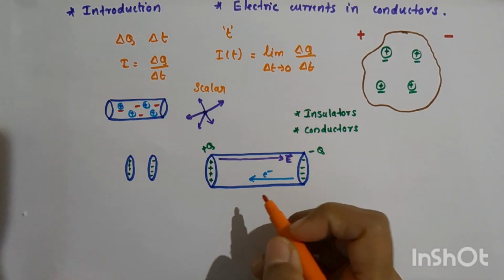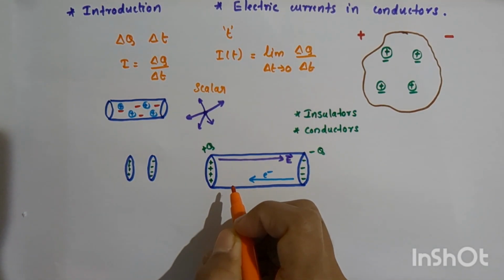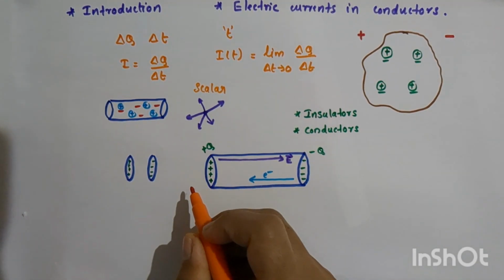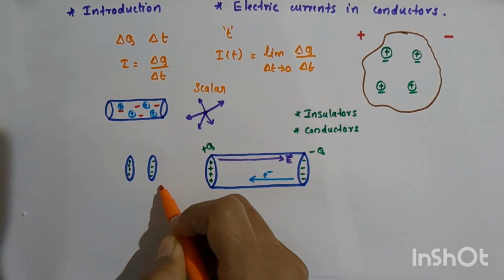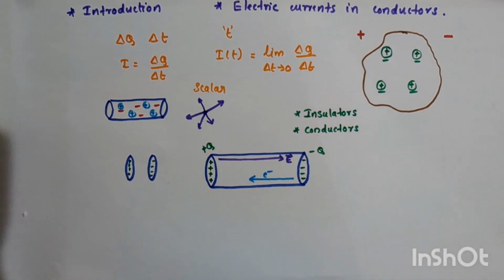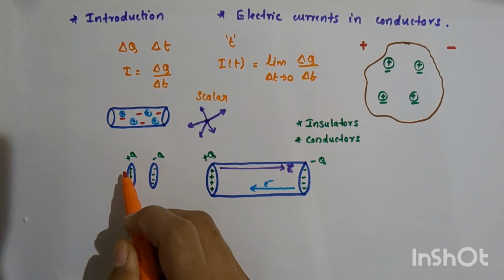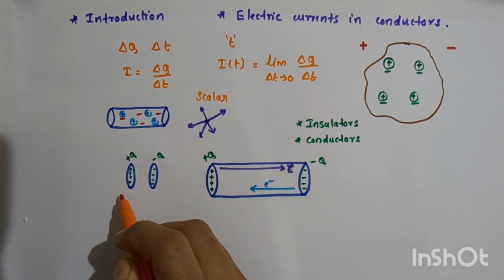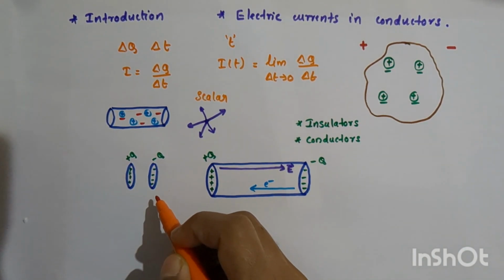Now let us see what happens if an electric field is applied across the conductor. Here I am taking two circular discs made of dielectrics, with the same radius as the cylinder. Q positive charges are distributed over one disc and Q negative charges are distributed over the other disc.